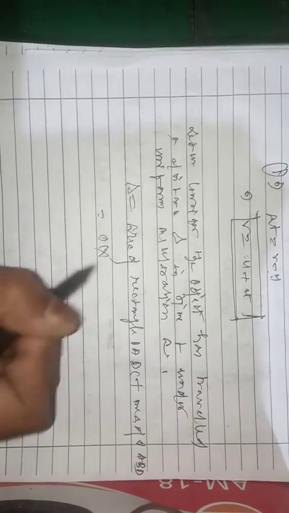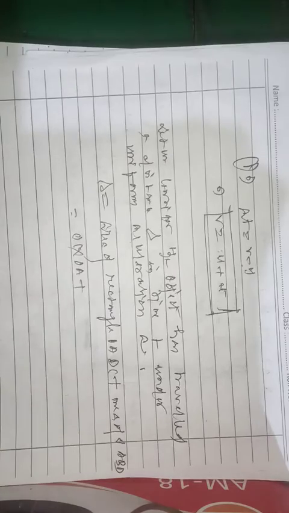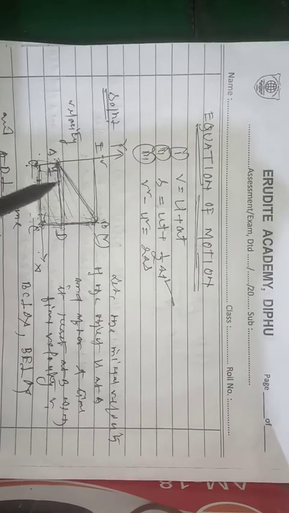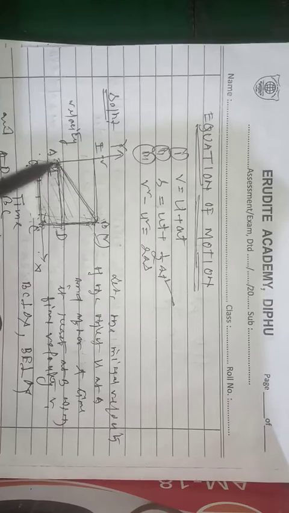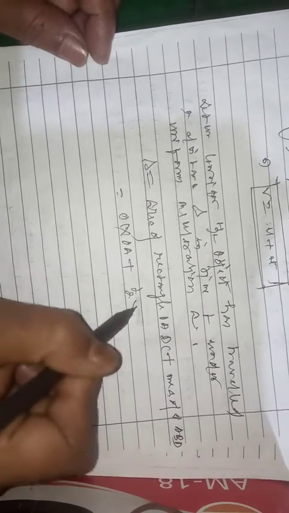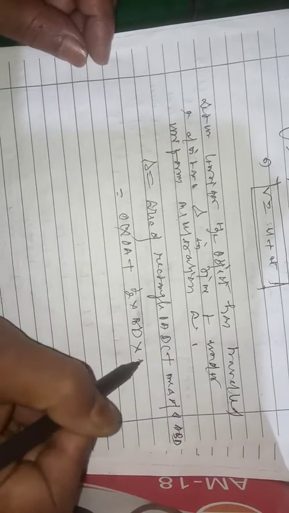OC into OA plus area of triangle, half into base into height, half into BD into height, means AD. AD means OC. Half into BD into AD.